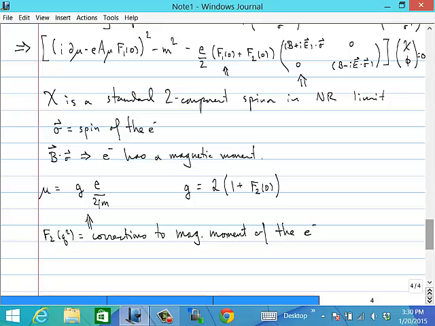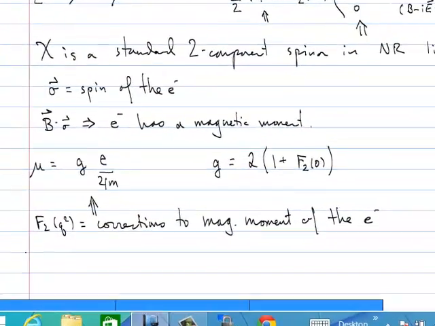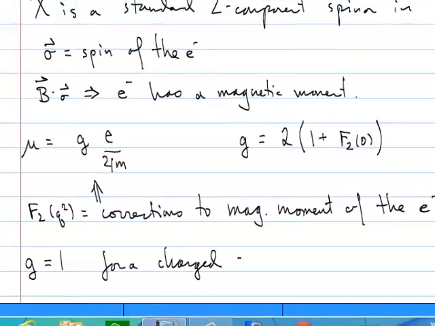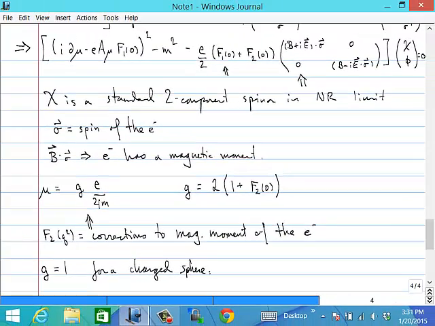So this Landé G factor is introduced so that a charged sphere has G equal to 1. So remember, whenever you have a charged object that's not a particle but has some extent, if you give that object some spin, it'll have a magnetic moment.